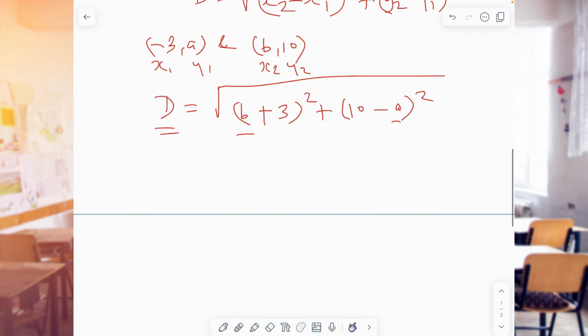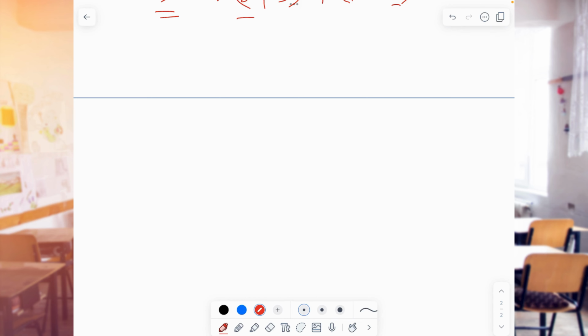So distance between Aprita and Pooja house. So they have given us 6 kilometer distance between.